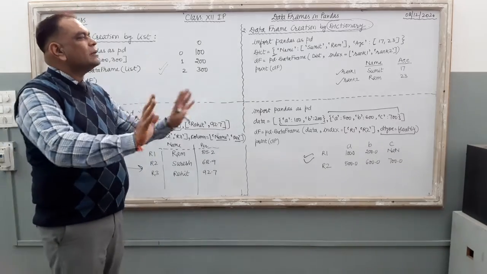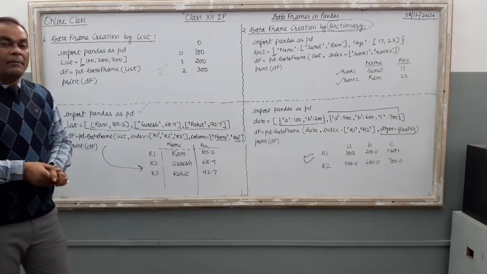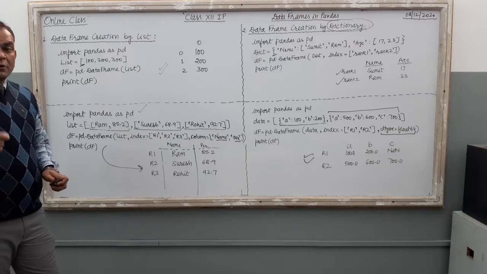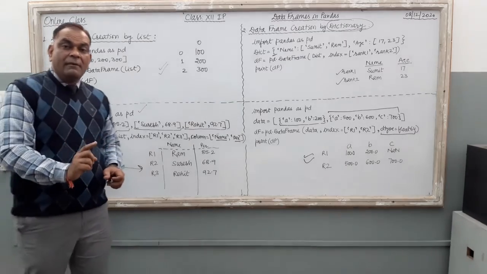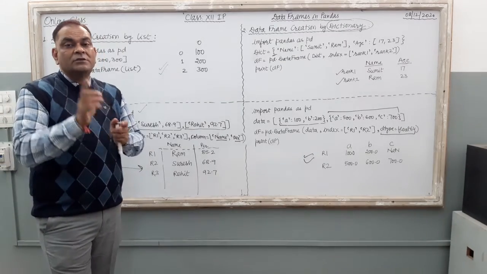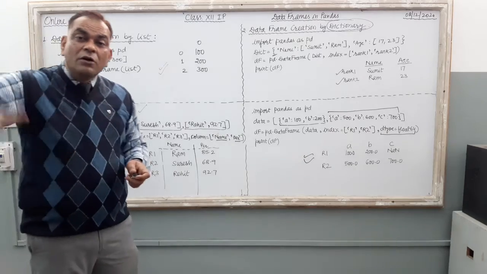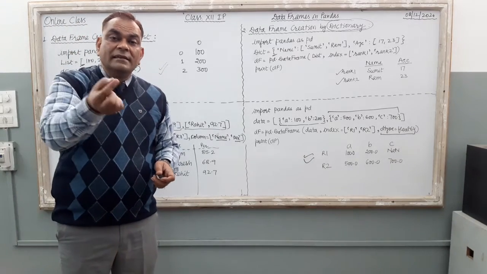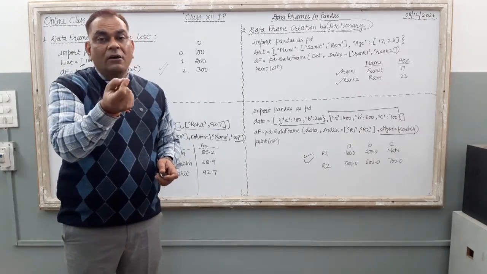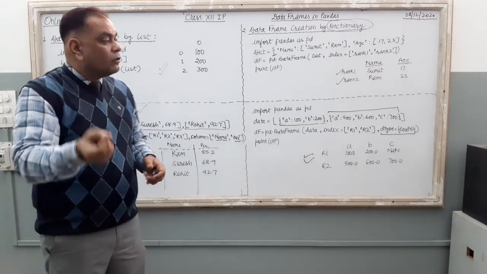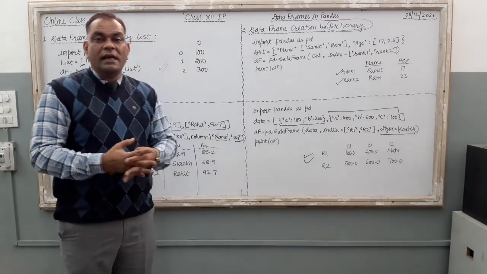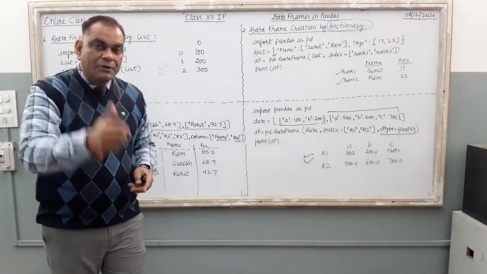These are the basic knowledge related with this data frame, and you will get, I am telling you, with this data series and data frame, if you combine these two chapters, you will get 10 marks out of 25. Python कितने की है? Maximum marks of Python is 25 only. उनमें से 10 मार्क्स दो चैप्टर से जुड़े हुए आएंगे. Clear? Thank you very much.